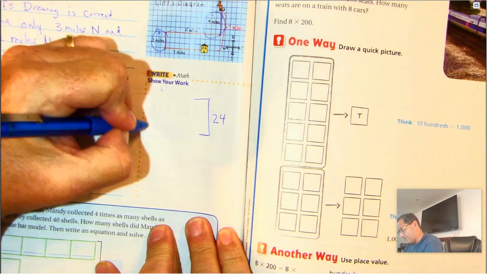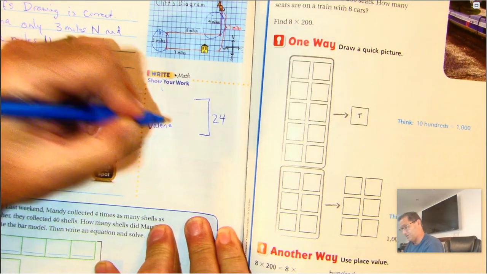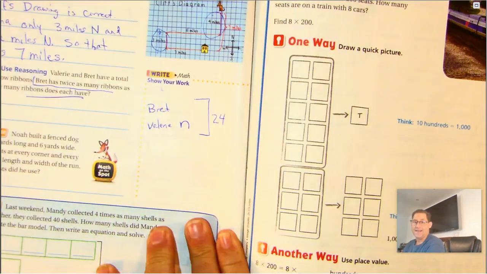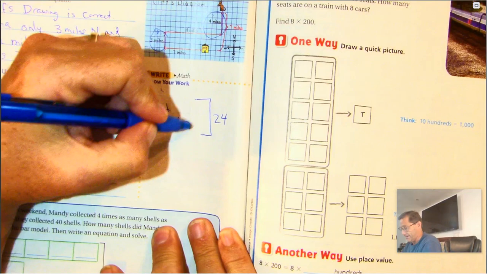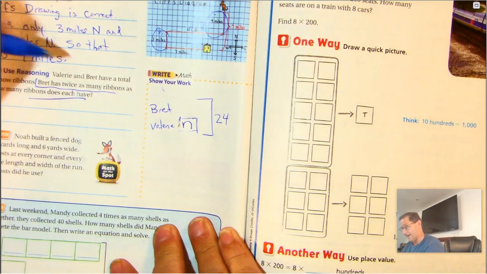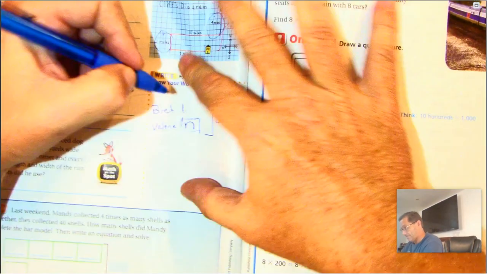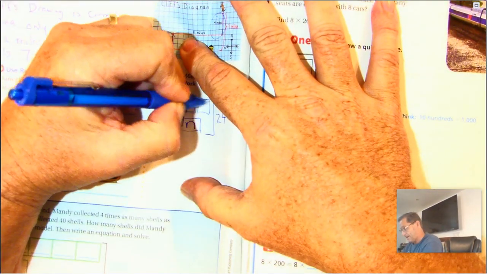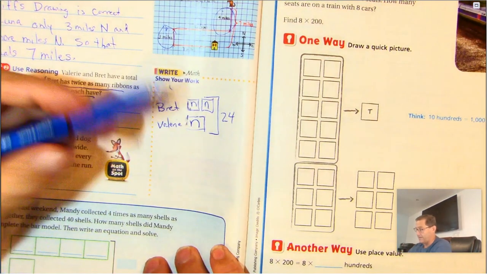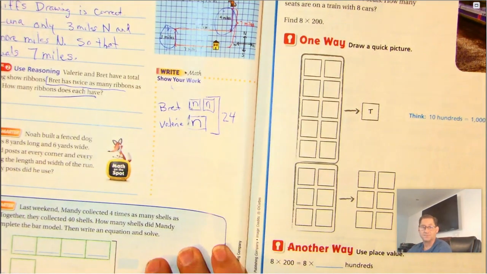I know that Valerie does not have as much as Brett. So Valerie, we're going to say is N. We don't know how many she has. We do know a clue about Brett. Brett has twice as many as Valerie. So no matter what Valerie has, Brett's going to have twice as much.